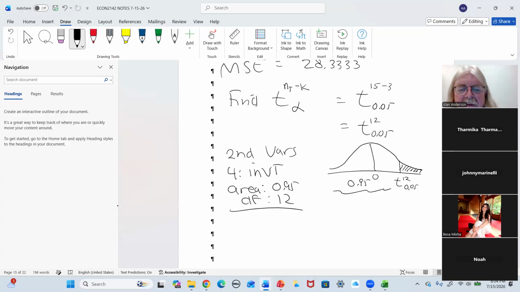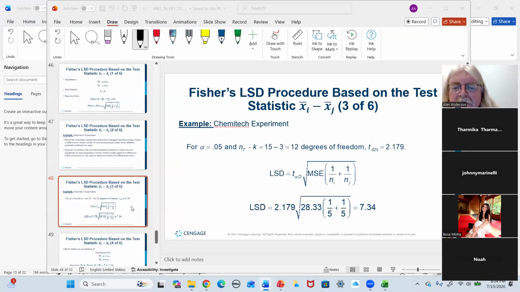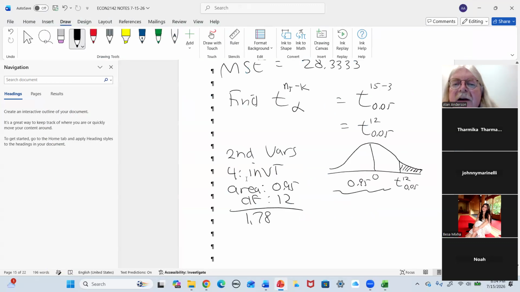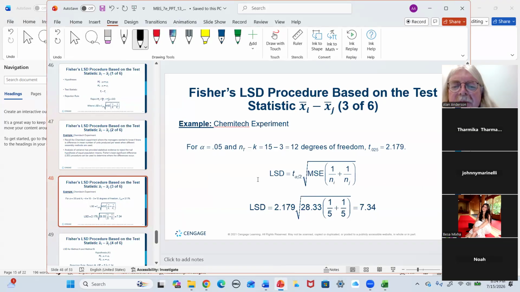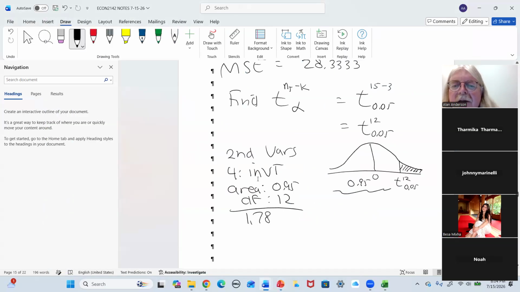No, wait. Oh, you know what? It was alpha over 2. I didn't notice that. Sorry, it's alpha over 2, which means we have to fix this. So this is now 0.975.